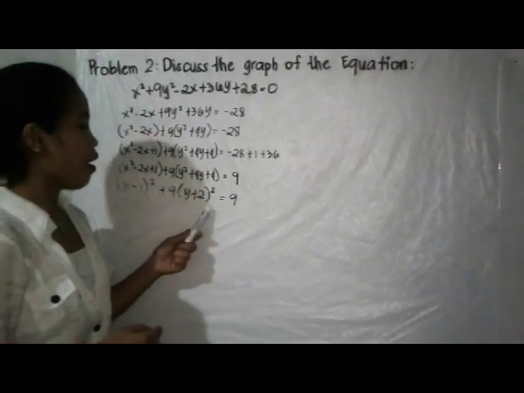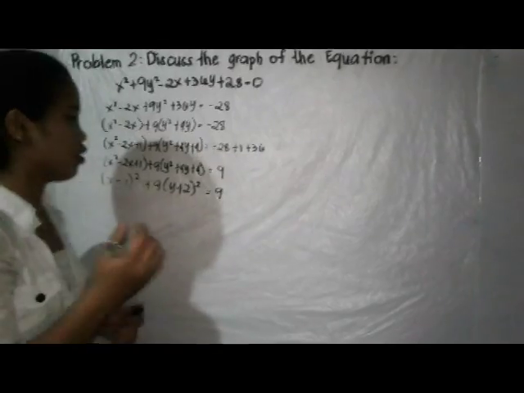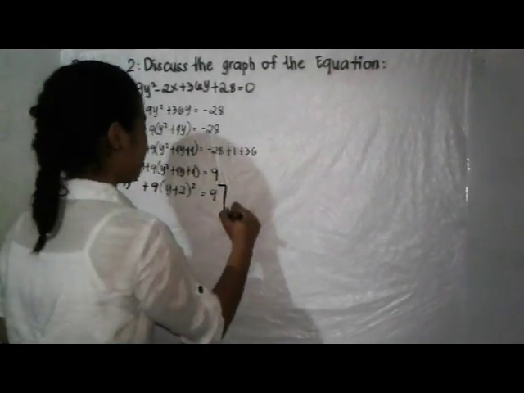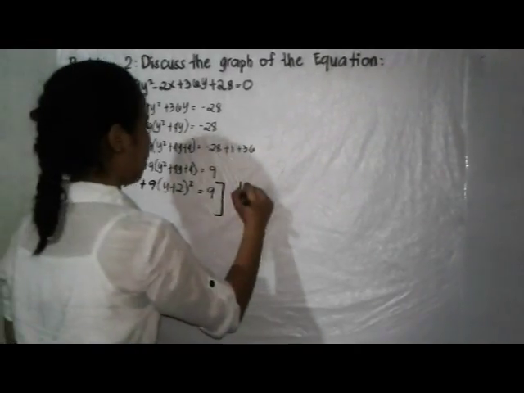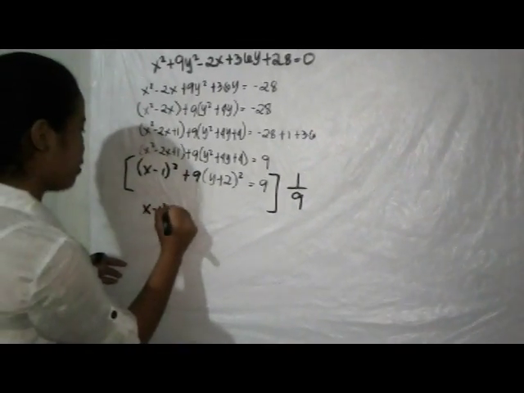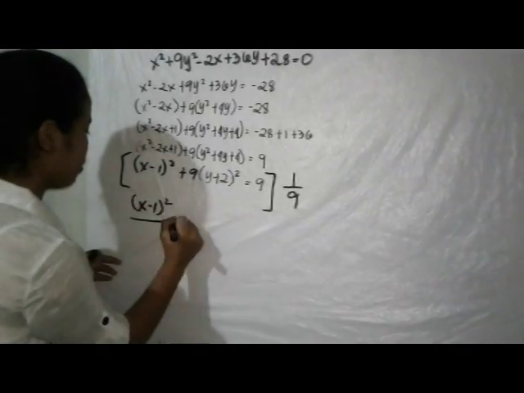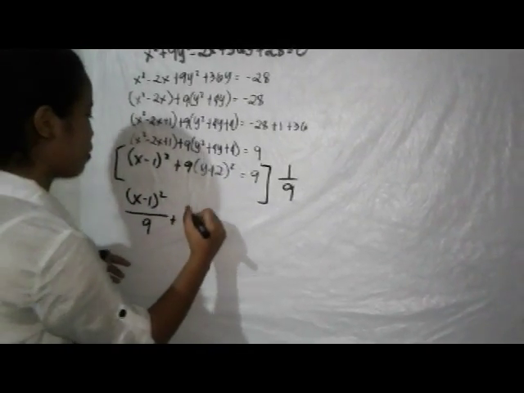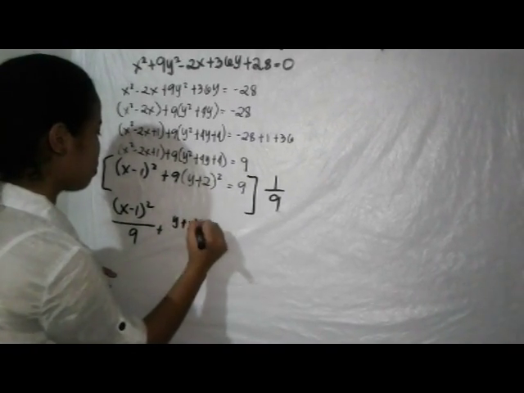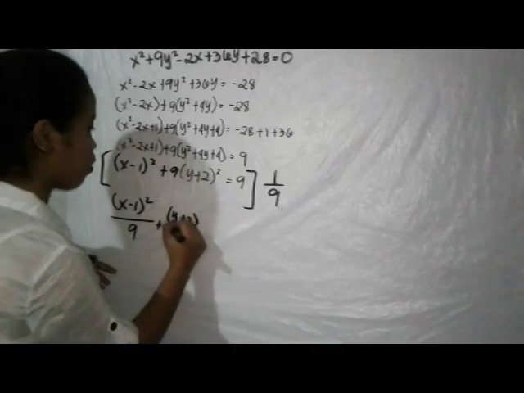And to have an equality, this result has to become 1, so we have to divide by 9. So we have x minus 1 squared over 9, then y plus 2 squared, and 9 divided by 9 is 1.